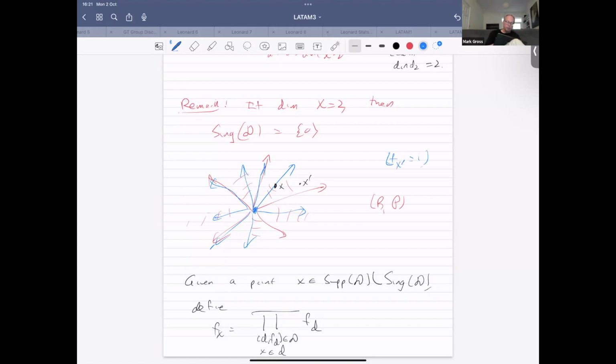But f_x might be a non-trivial product of wall functions. Okay, so that's the notation f_x.